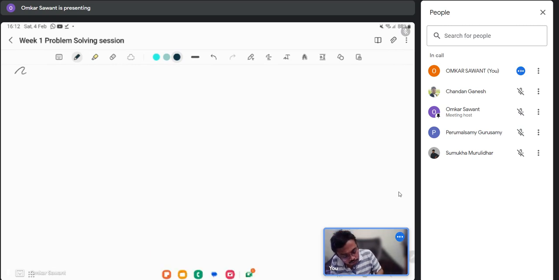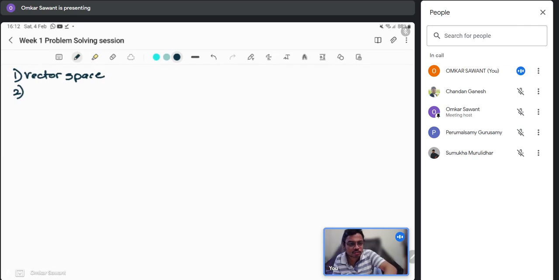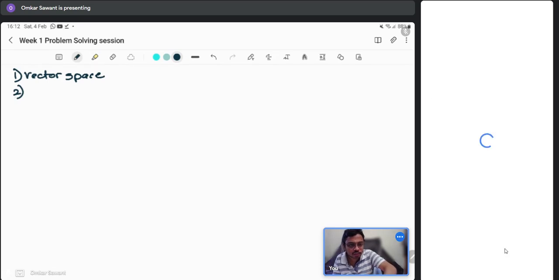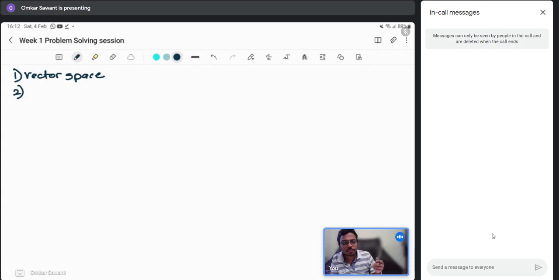I'm just noting down vector space, right? Is vector space taught? You can also reply in chat or audio, anything will work.